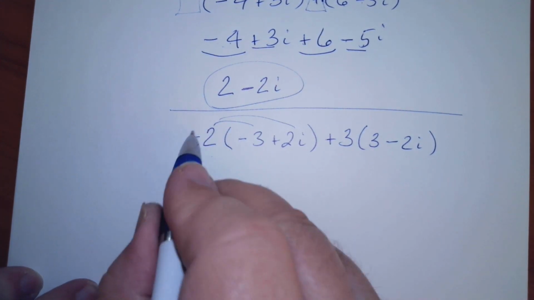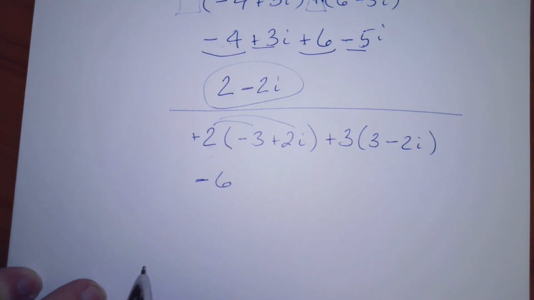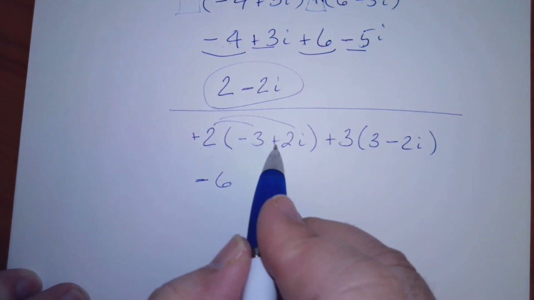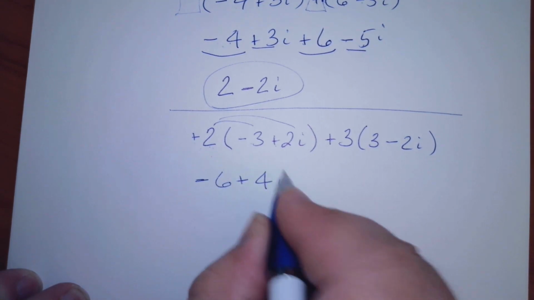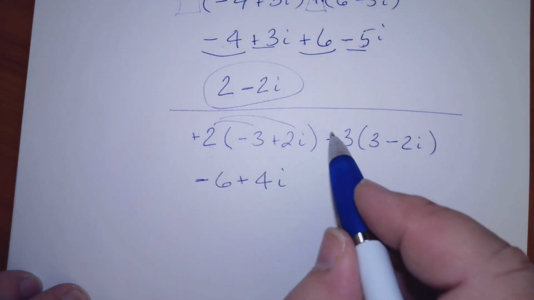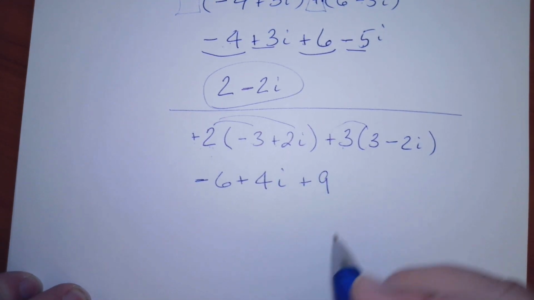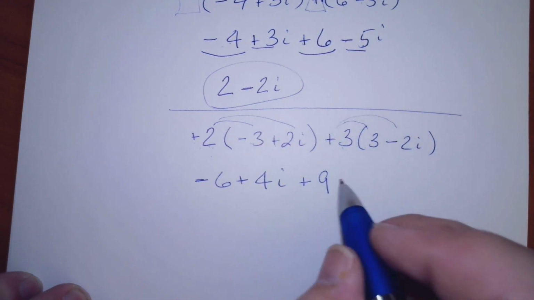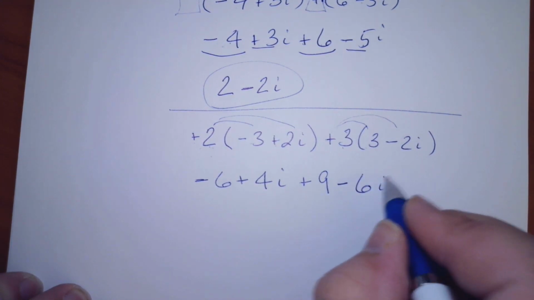That's a positive 2. Positive times negative is negative. 2 times 3 is 6. Positive and positive is positive. 2 times 2 is 4i. Positive times positive is positive. 3 times 3 is 9. Positive times negative is negative. 3 times 2 is 6i.